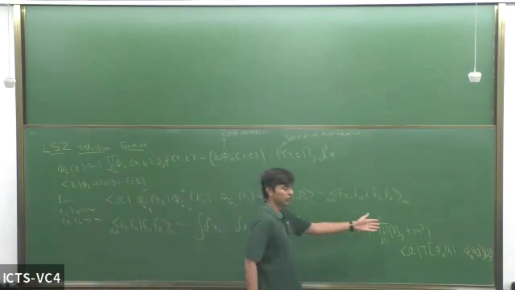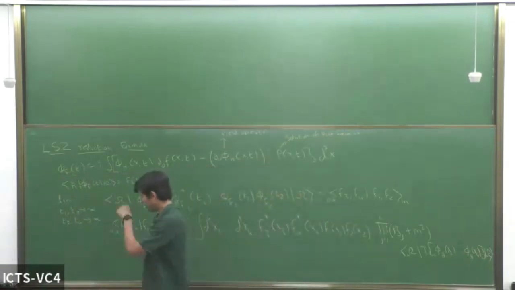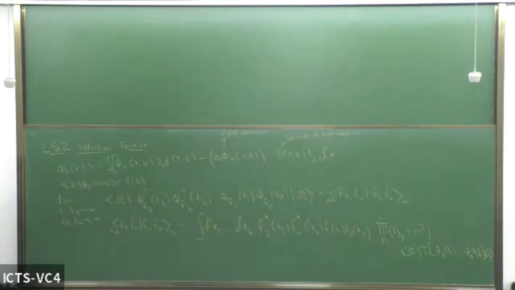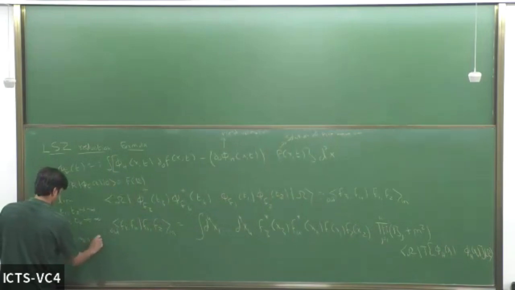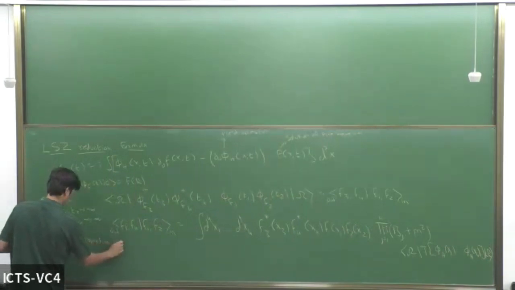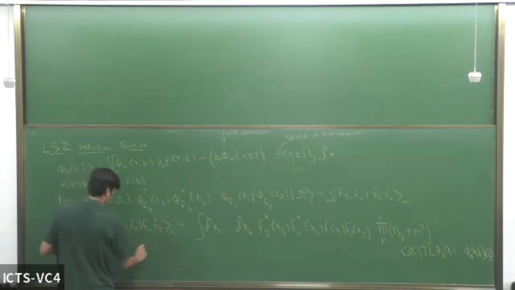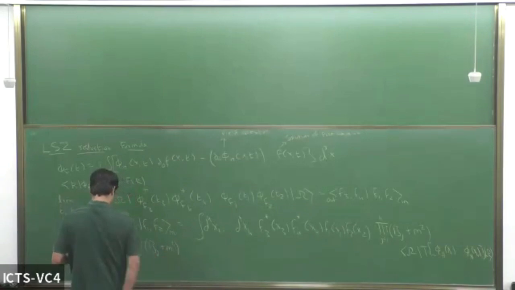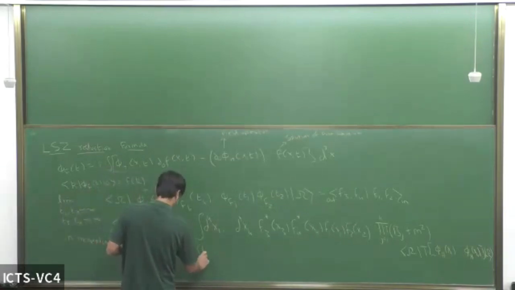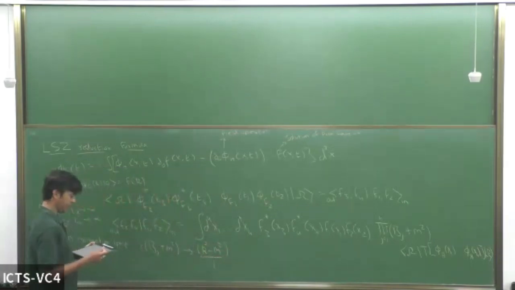This box J plus M squared, in momentum space, in the end, is just minus k squared plus M squared. There's a minus sign, and once you include the i's, you'll find this.